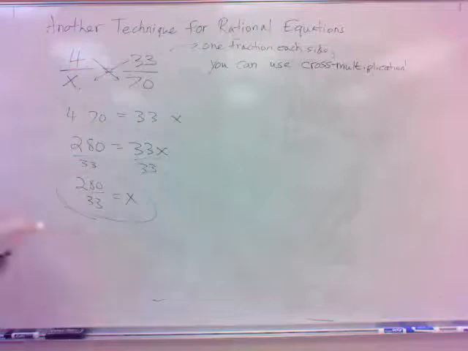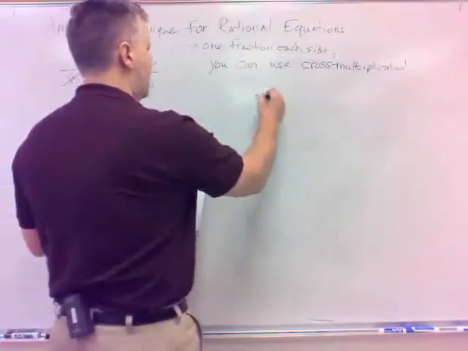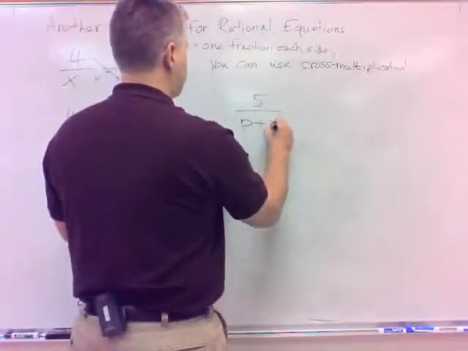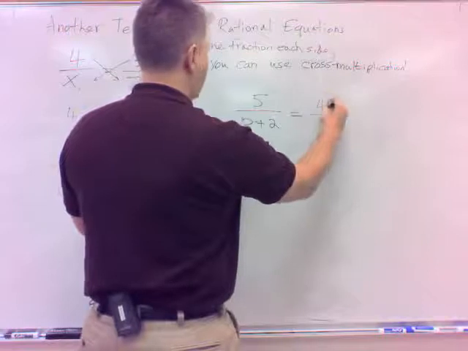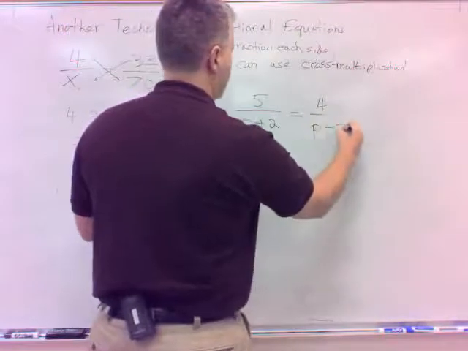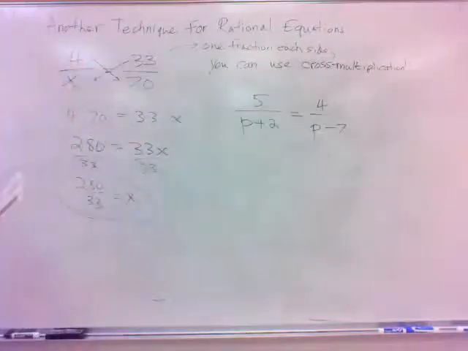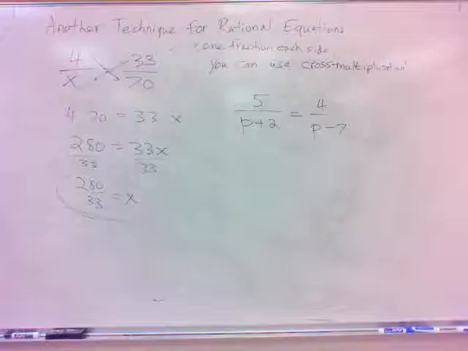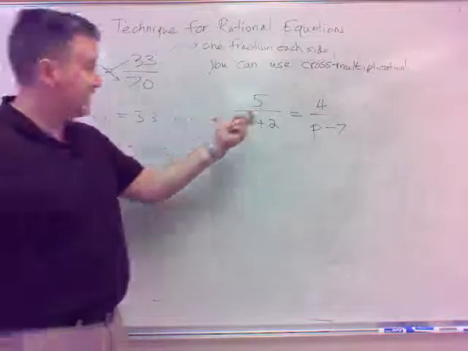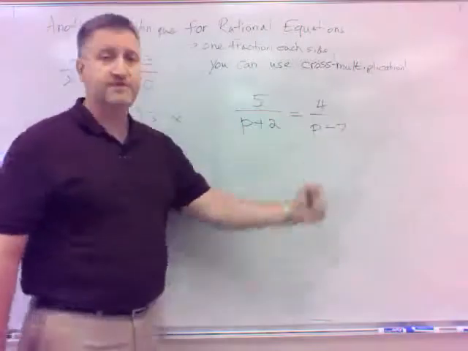All right. What about this one? 5 over p plus 2 equals 4 over p minus 7. Again, cross multiplying can be done here because you've got one fraction equals another fraction.